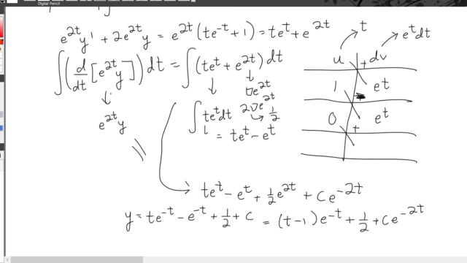And okay, so let's try another practice problem. Okay, now this one is going to be an initial value problem. So now we can actually solve for c. Okay, so let's say we have, let me just clear everything.